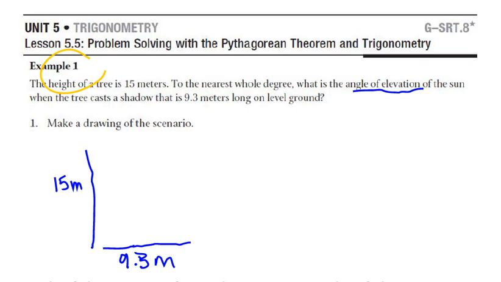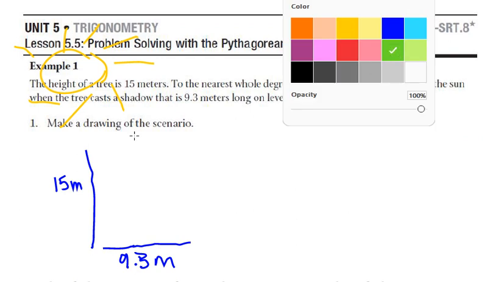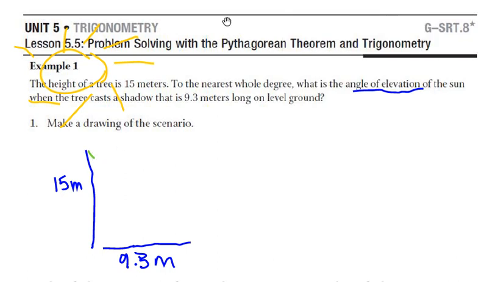All right, so there's our sun here, and we are trying to find the angle of elevation. So we're going to draw our hypotenuse, our diagonal here. There we go. So we've got our diagonal here.